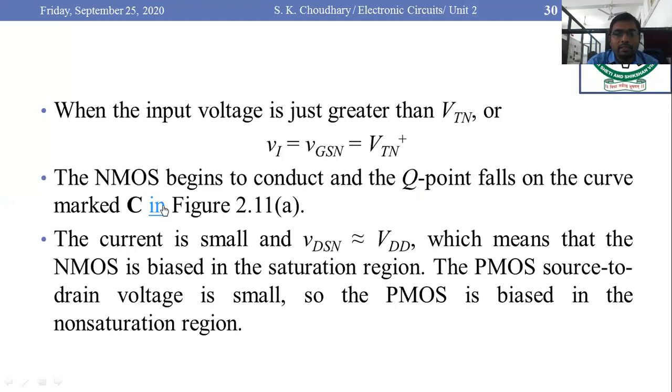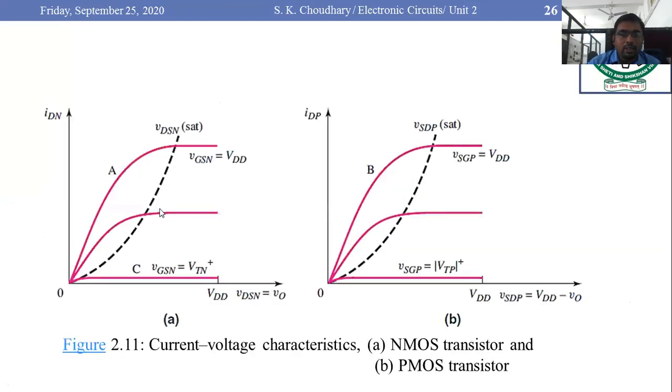We have already discussed the curve. This is the output characteristics of the NMOS, A is the NMOS and B is the PMOS. When your VGSN is greater than the threshold, your transistor will be turned on and a small amount of current starts to flow.